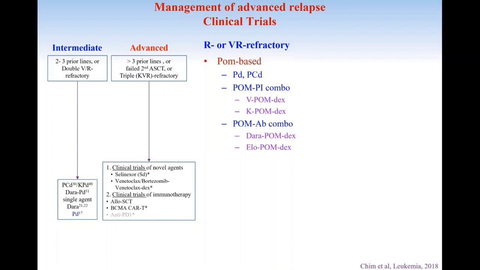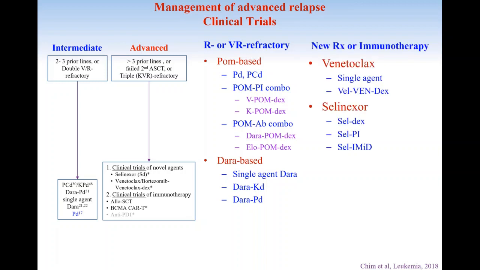Or else you can consider a daratumumab monoclonal antibody-based regimen. You can use single-agent daratumumab because it has activity, and then you can combine. Or we have newer drugs on the horizon: venetoclax, a BCL2 inhibitor; selinexor, an exportin-1 inhibitor; and of course, the era of immunotherapeutic agents.